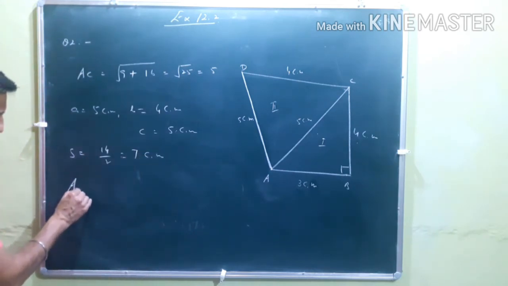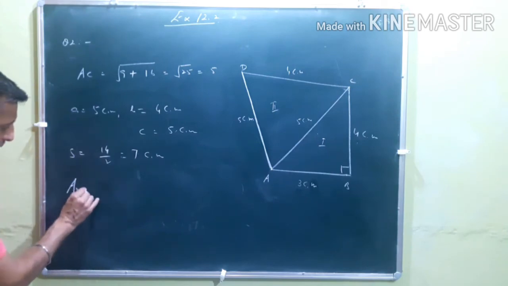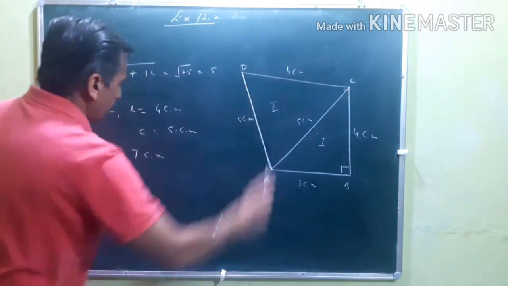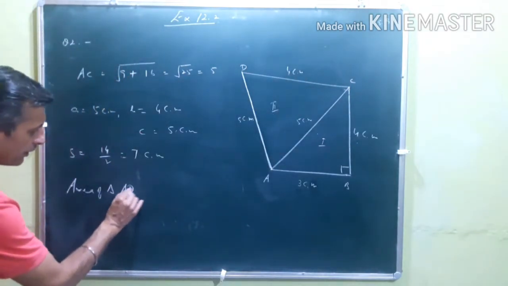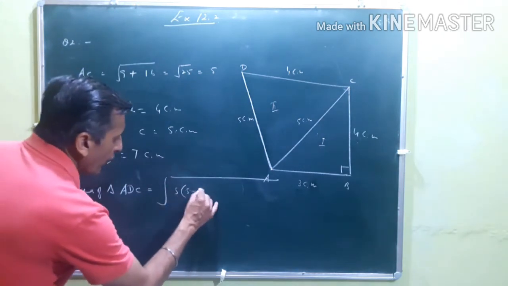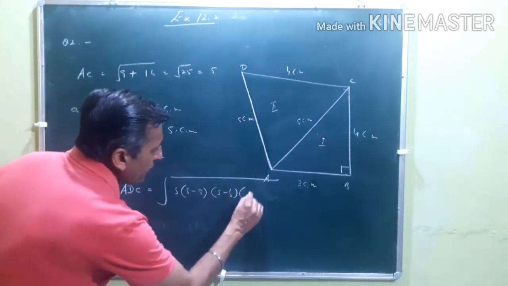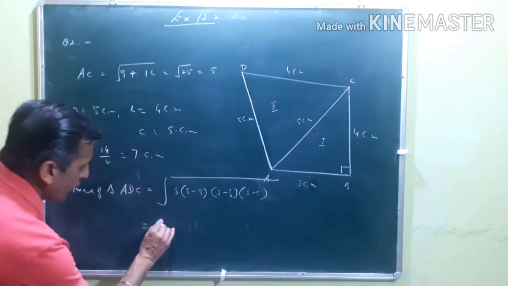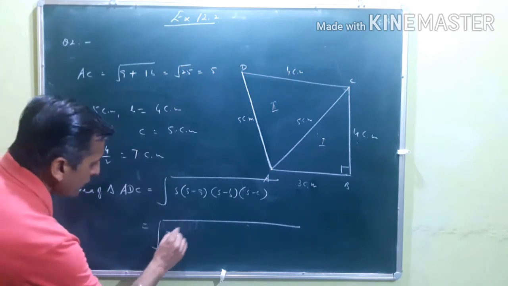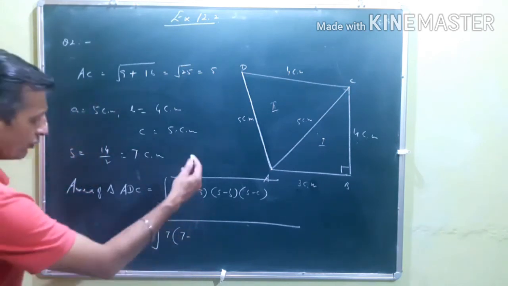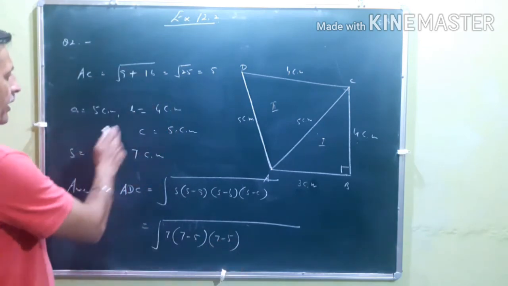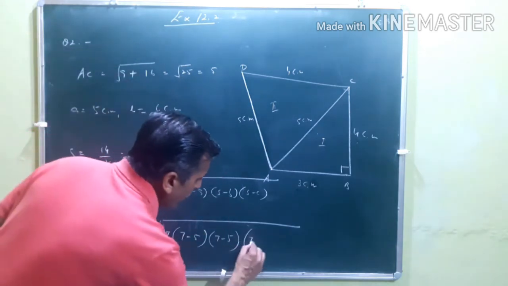And the area of this triangle, which one? Triangle ADC is equal to under the root S into S minus A, S minus B, S minus C. What is the S? S is equal to 7. So 7 minus A, you can take any one, 5, so 7 minus 5, and then S minus 4, that is 7 minus 4.